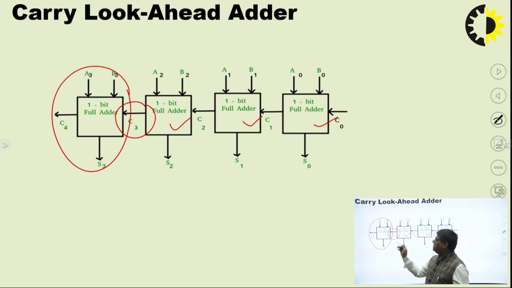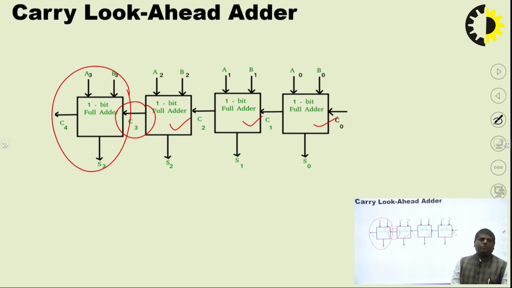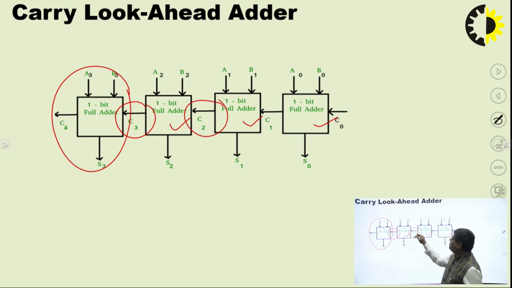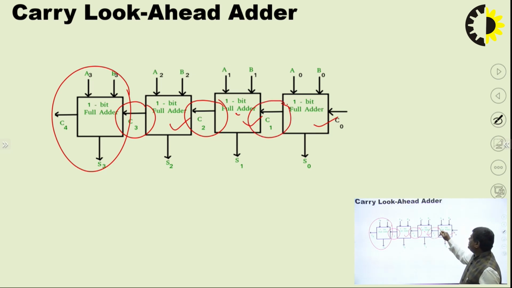Similarly, this full adder also waits some time until it finds the C2 carry. It means some propagation delay occurs to perform the arithmetic operation.